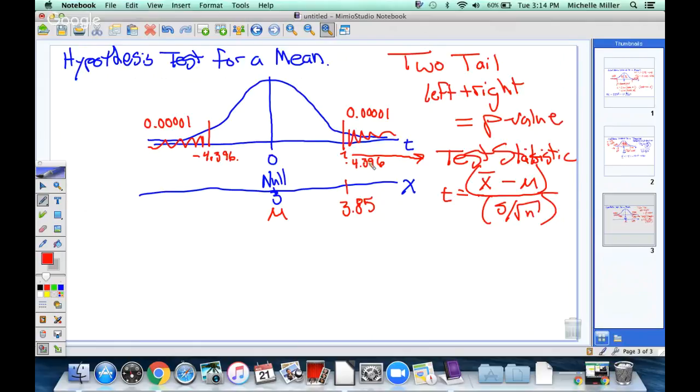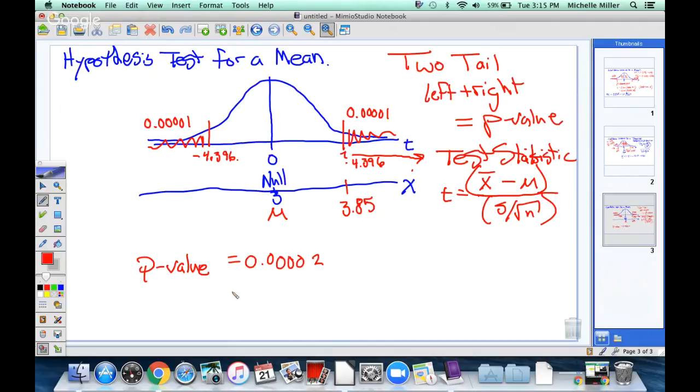When you plug a t into T.DIST, you always plug in the positive version of the t-score. It's a little tricky. We'll have to do some more examples, but just beware. Together, they give me my p-value, which altogether in this case is 0.00002, which is pretty damn small.